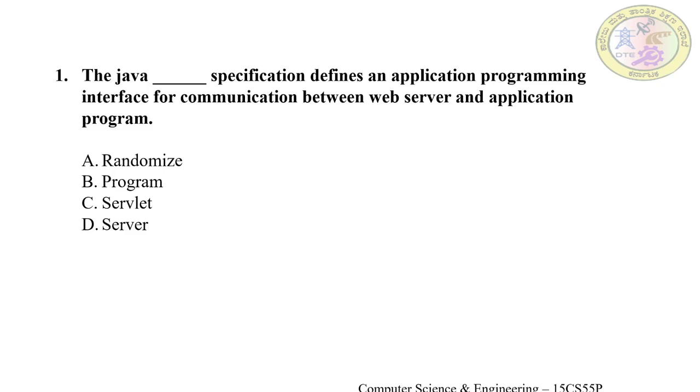First option is randomize, second one is program, third one is servlet, fourth one is server. The correct answer for this one is C. That is, by using the Java servlet specification, it defines an application programming interface for communication between web server and application program.